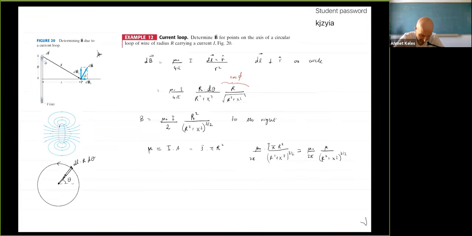And now let's look at the limit in which X is much, much bigger than the radius.